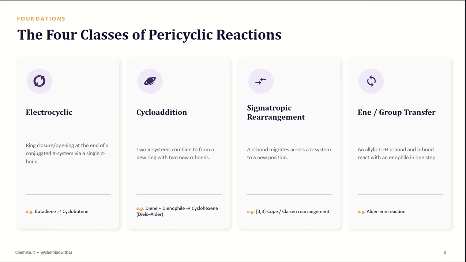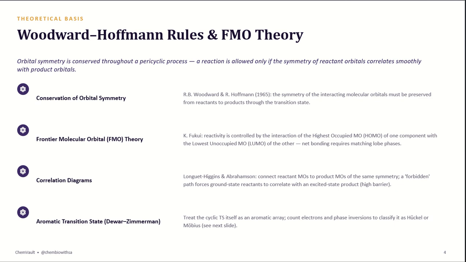Then next we'll talk about Woodward-Hoffmann rules and FMO theory. Now let's talk about the theory that explains why these reactions behave the way they do. The first big idea is Woodward and Hoffmann's conservation of orbital symmetry, proposed in 1965, which says that as reactants become product, the symmetry of the interacting molecular orbitals must be preserved all the way through the transition state.